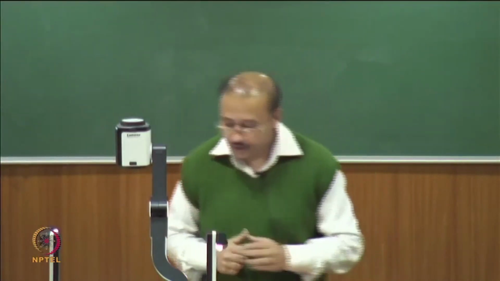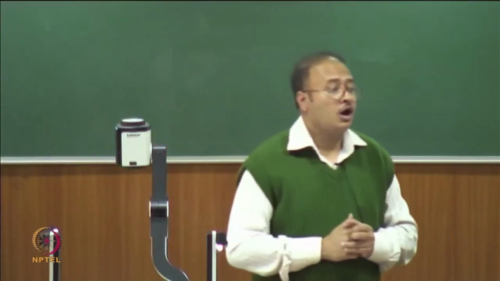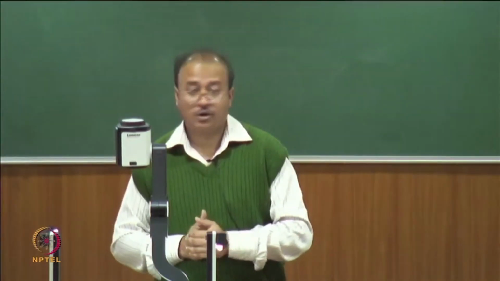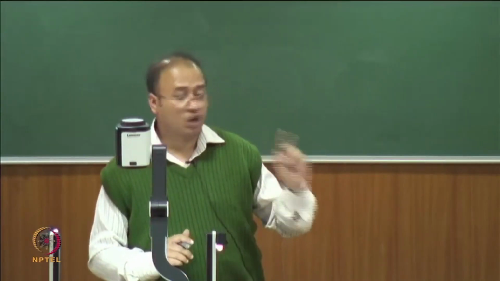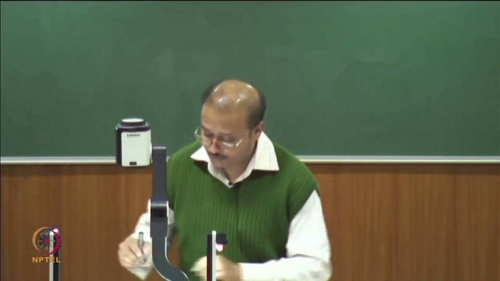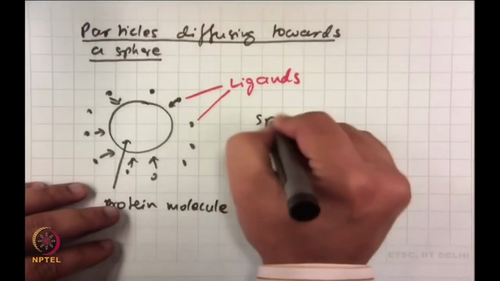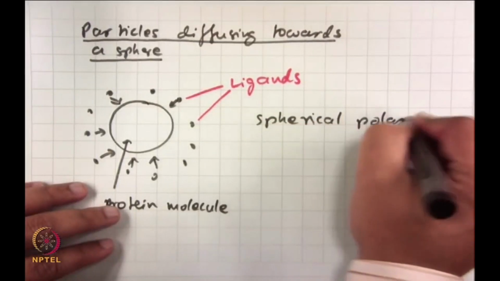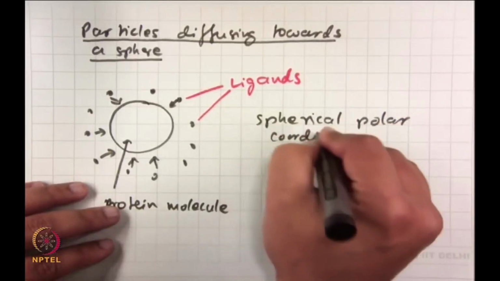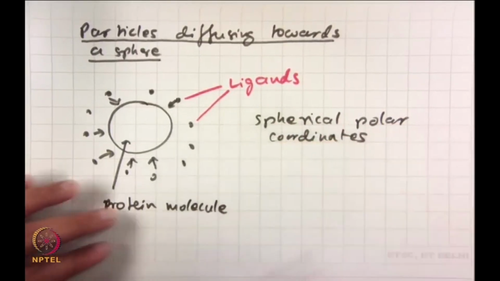Okay. Now, how do you develop the idea behind this? How do you actually look at it? Because we are talking about spherical particle diffusion, we use spherical polar coordinates.